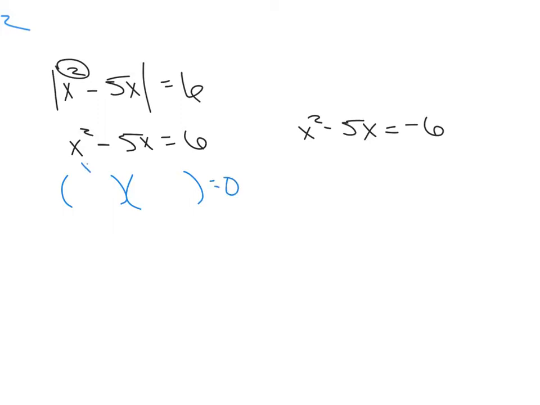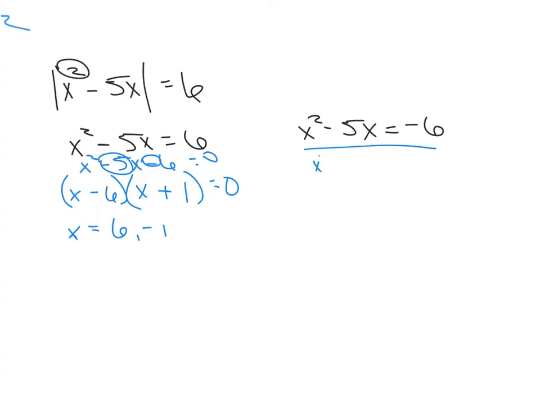I can change this to x squared minus 5x minus 6 equals 0. And I have an x here and an x here, a 6 and a 1. I need to get a negative 6 and add to get a negative 5, so that means I'm going to look like that. So x equals positive 6 or negative 1.